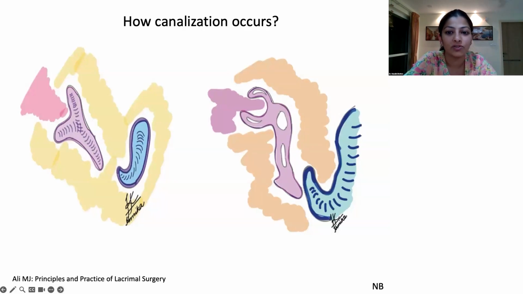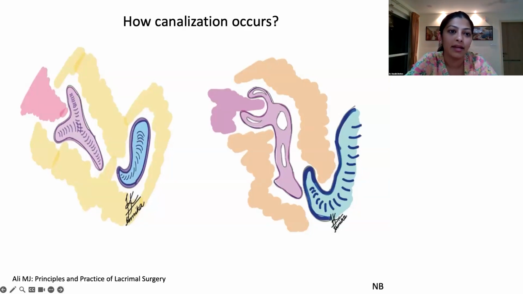That is where the canalization begins in the sac, and then it proceeds both proximally and distally almost together. But because the proximal passage is slightly smaller, it completes canalization by the 6th or 7th month of intrauterine life. But in the distal portion, because it's slightly longer, it completes at birth or just after birth.